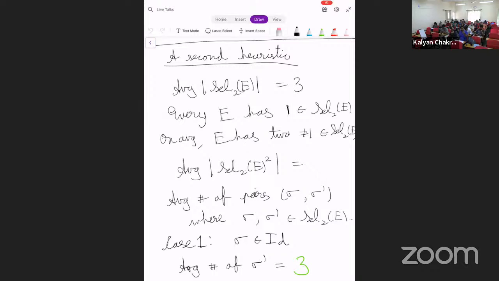We need the theorem of Birch and Swinnerton-Dyer that you mentioned very crucially, but we also need the existence of the 4-Selmer group, because it turns out that the second moment of the 2-Selmer group and the 4-Selmer group have some relation to each other.